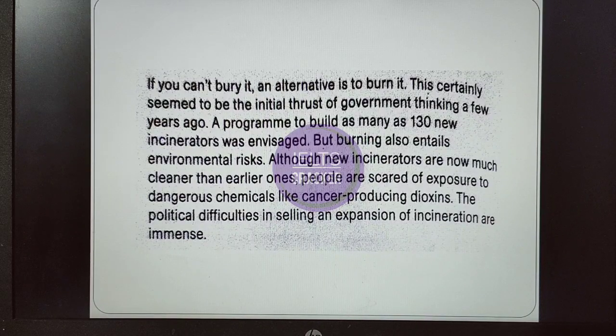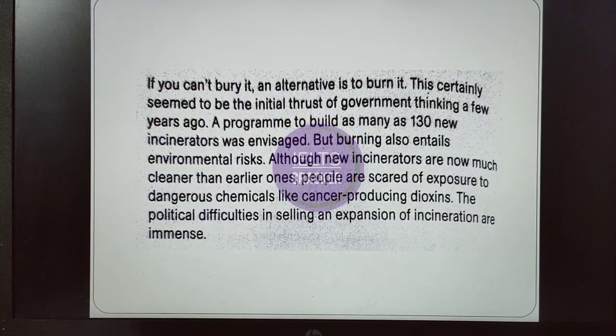But burning also entails environmental risks. Although new incinerators are now much cleaner than earlier ones, people are scared of exposure to dangerous chemicals like cancer producing dioxins. The political difficulties in selling an expansion of incineration are immense.